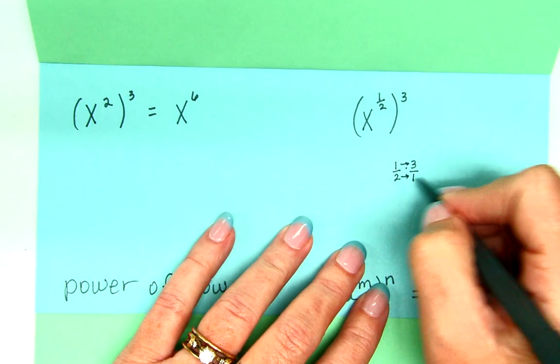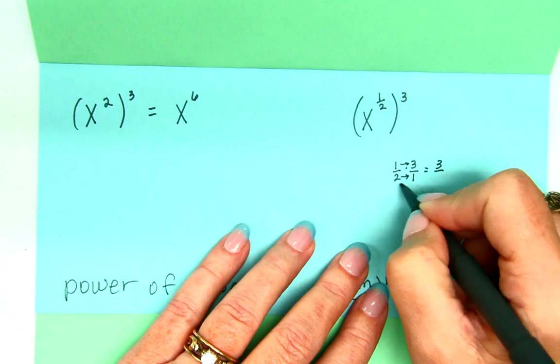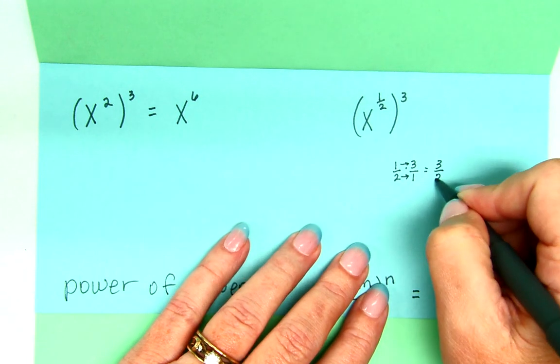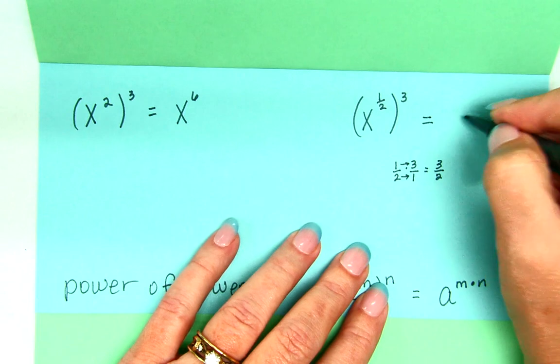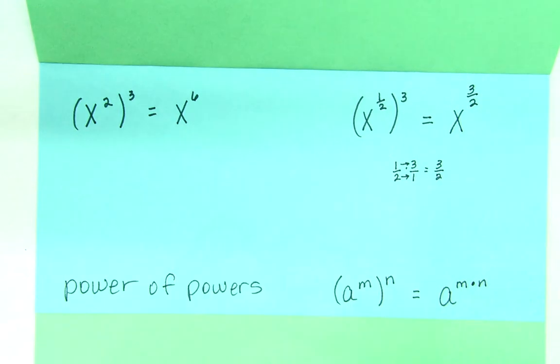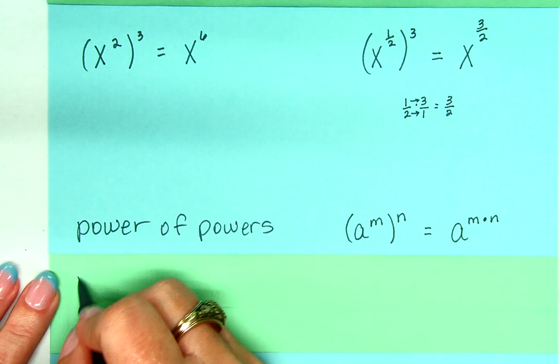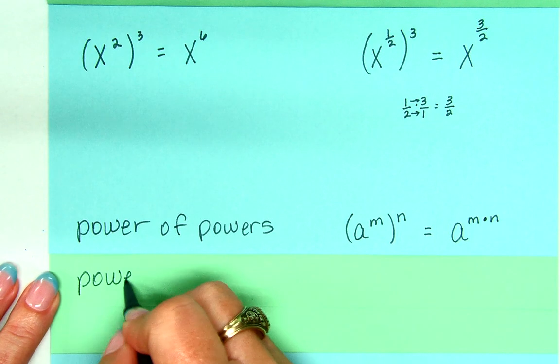Straight across and straight across, right? What's 1 times 3? And what's 2 times 1? So what should this equal then? Very good. X to the 3/2 power. Okay so far? Okay. The next rule is called power of a product.